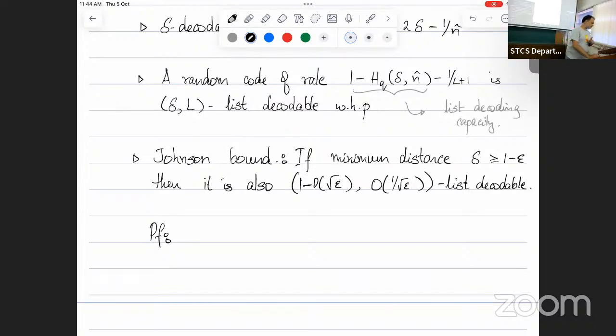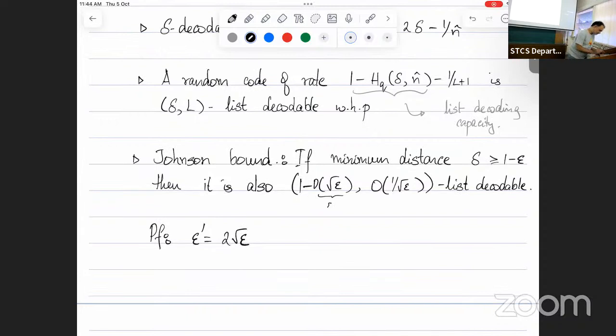Thanks. Okay, good. So the Johnson bound is what we want to show. In fact, I'll fix epsilon prime to be equal to 2 square root epsilon and prove the Johnson bound with this epsilon prime.